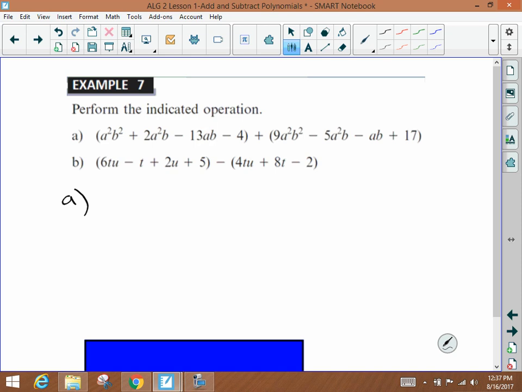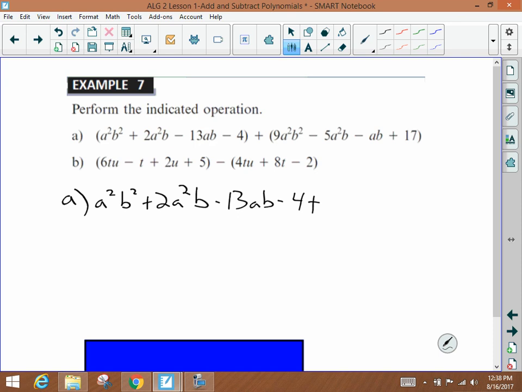All right, so let's find our like terms in A. I'm going to go ahead and just rewrite this thing. We don't need those parentheses anymore. There's just a 1 sitting out in front of there, right? That invisible 1. And if I distribute a 1, it does nothing, right?